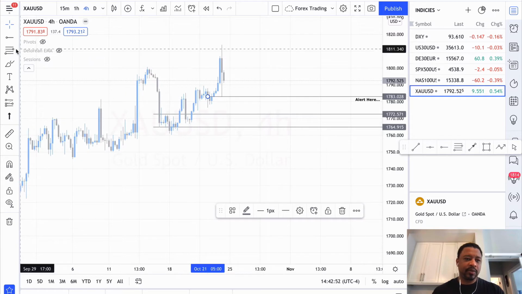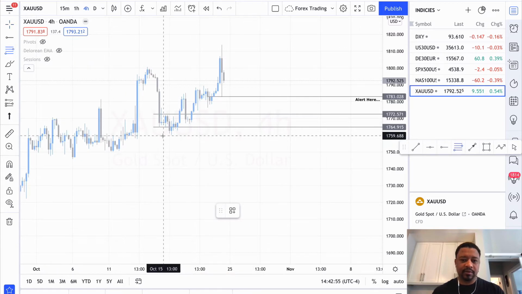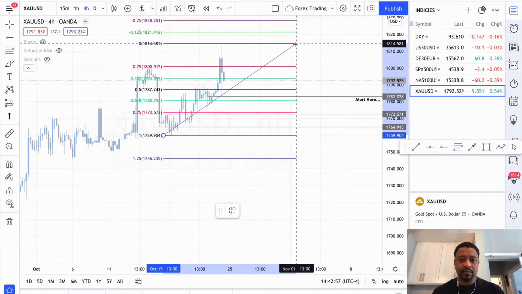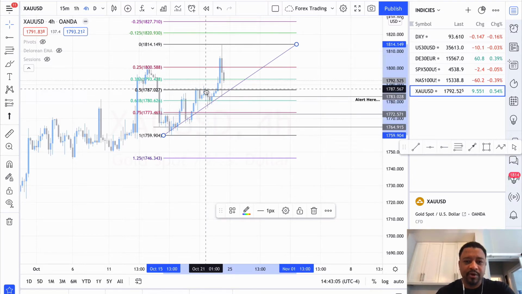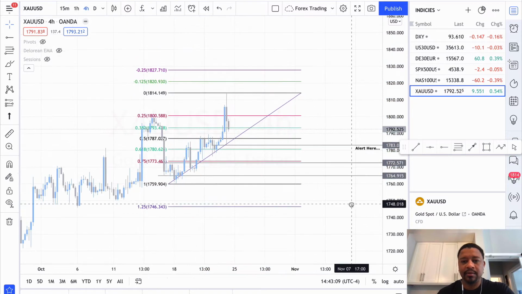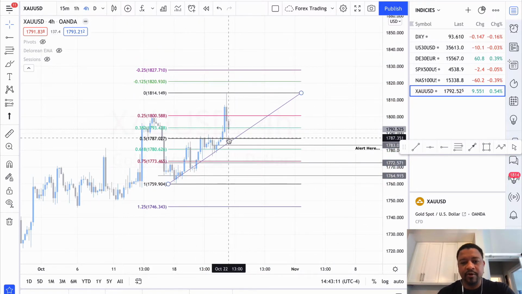Based on the swing, if we take the fibs, I like to go from 0.5 to 0.75 for a potential pullback. So this will fall within my range.